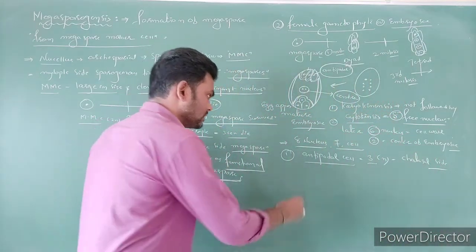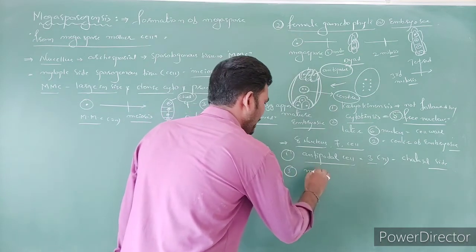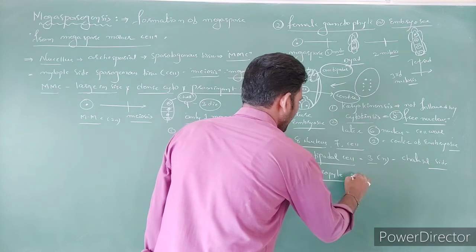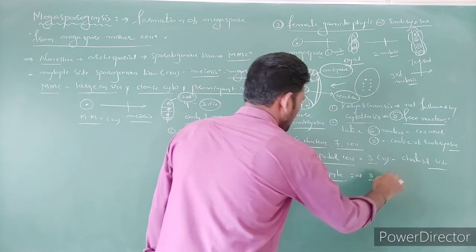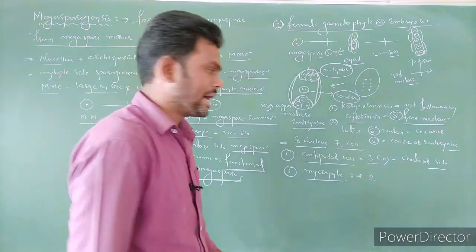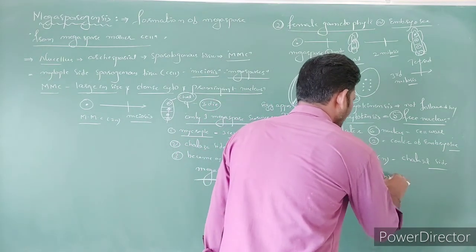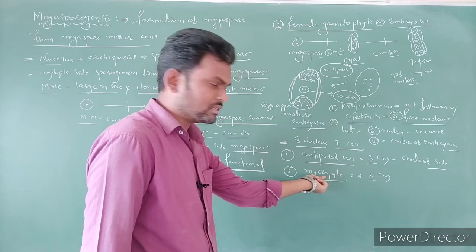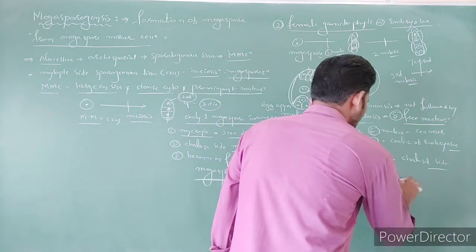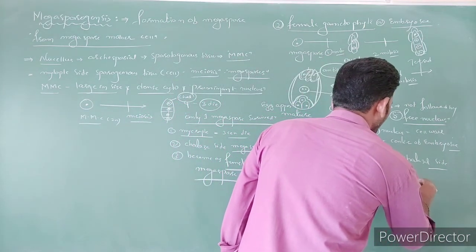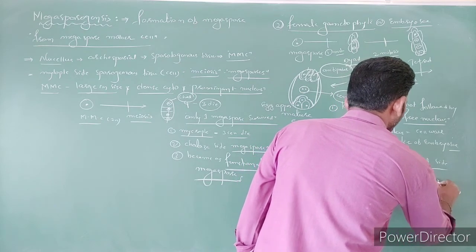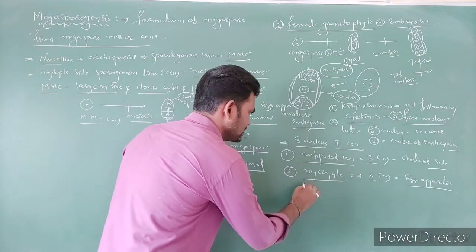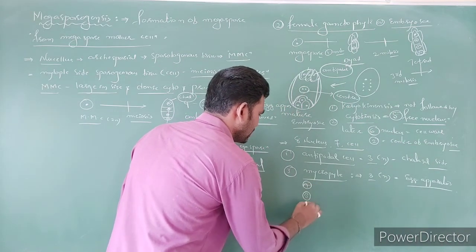Next, the 3 cells which are towards the micropyle region. How many cells? 3 cells. Haploid. Such cells towards the micropyle region we call the egg apparatus, which contains 3 cells.